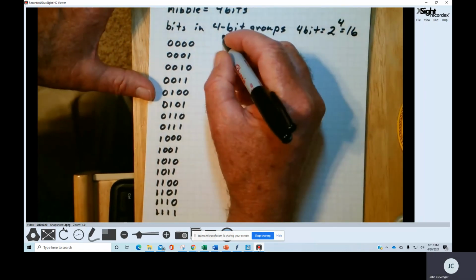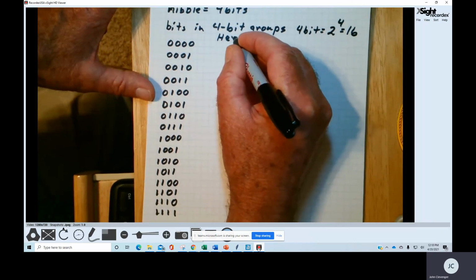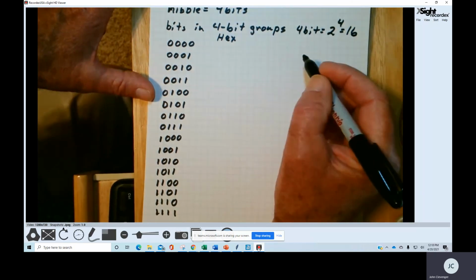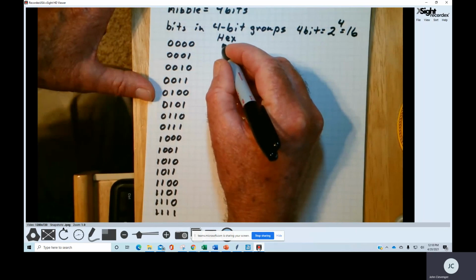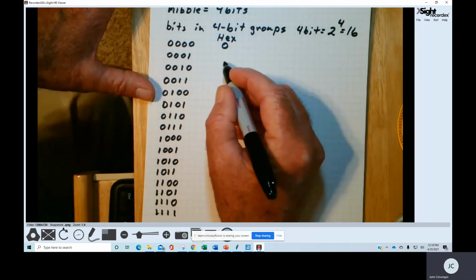So let's count these values up in what we call hex or hexadecimal. So this, of course, would equal a decimal equivalent or a value of 0.